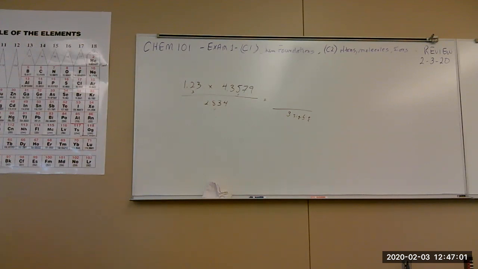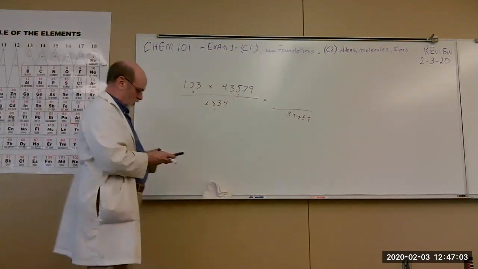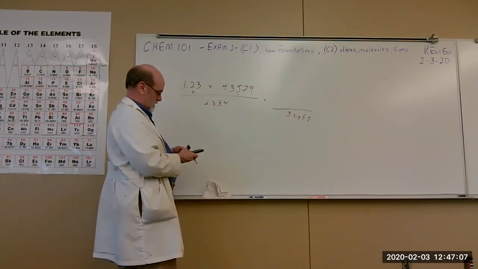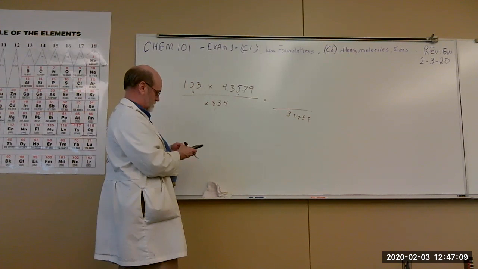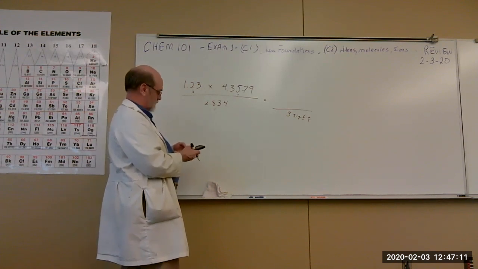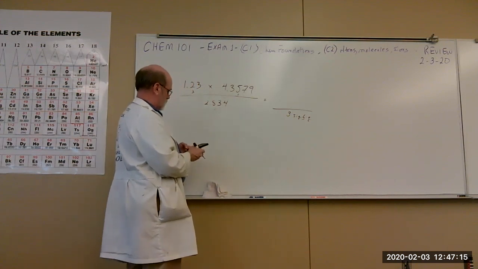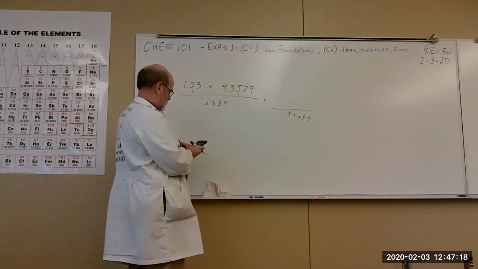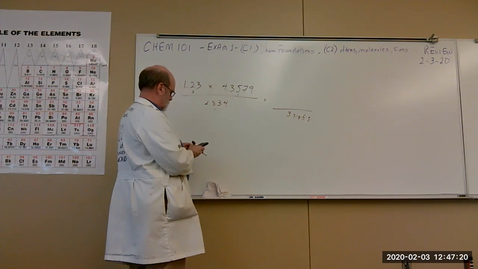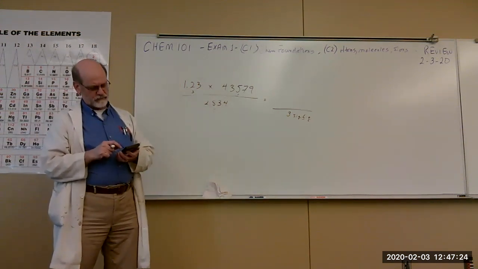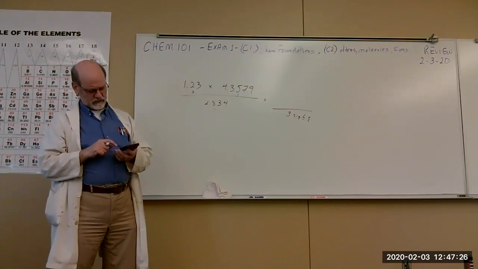Let's complete the loop. 1.23, 4.3, 5, 7, 9, 3.34. Oops. Something's wrong. Somehow my format got changed.